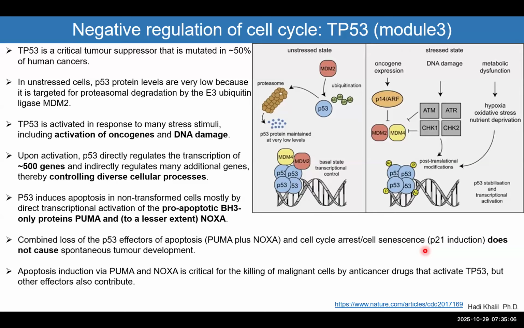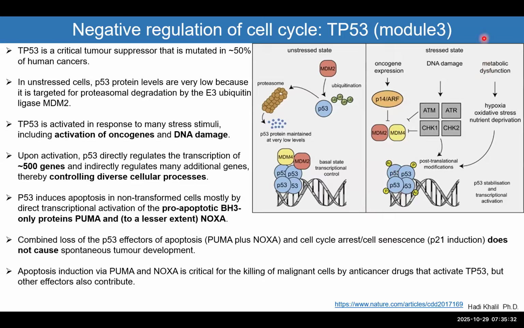Now, within this aspect, we described P53 being a tumor suppressor. In other words, it blocks the generation of tumors. Whenever there is an unstressed state, the levels of the P53 are under check and they go to proteasomal degradation.